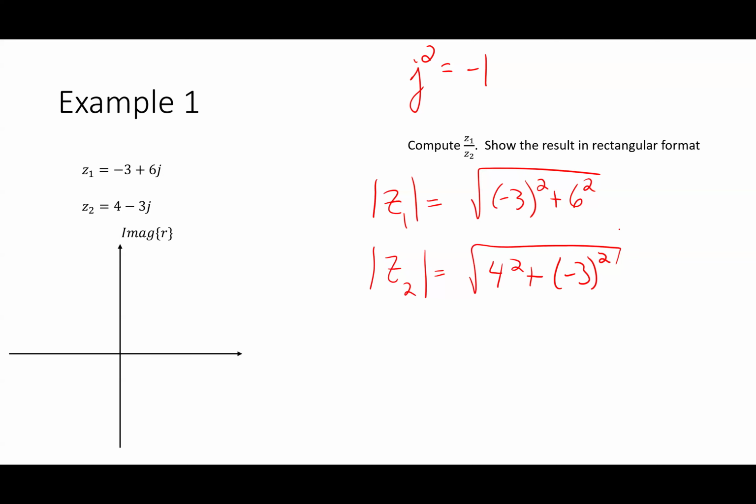How do I get the angle of these things? Let's say I want to get the angle of Z2. Let's start with Z2. How would you get the angle of that? Take the arctan, right? Arctan of what over what? Well, if I can't remember, what I always do is I draw it. So 4 minus 3J, where does that guy sit? Which quadrant?